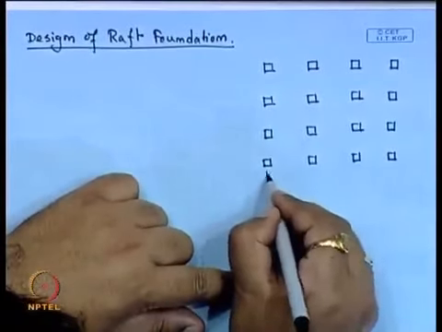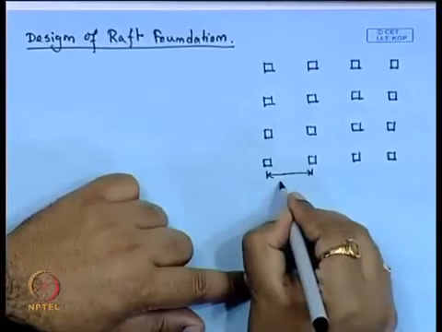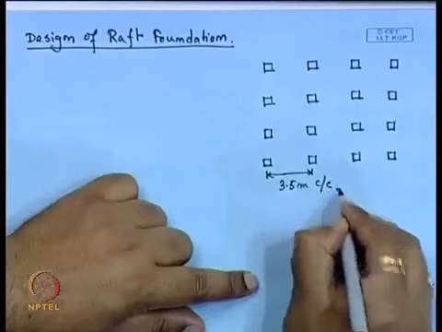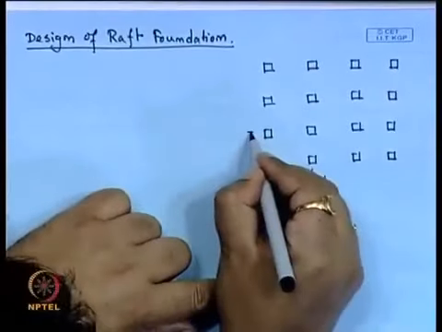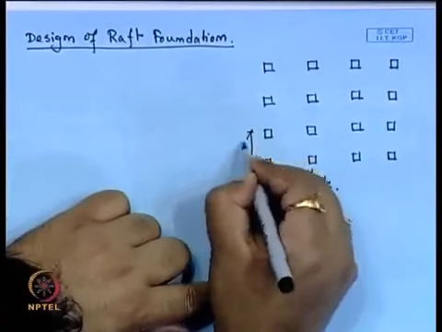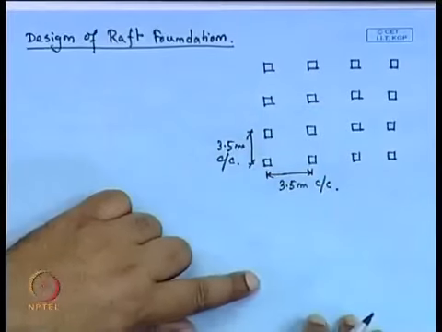Here the center to center distance between the columns for this grid is 3.5 meter. This is the center to center in this direction and this direction also, 3.5 meter center to center.